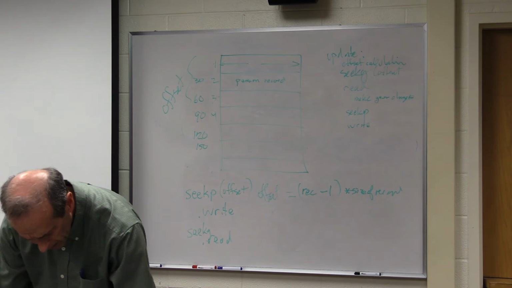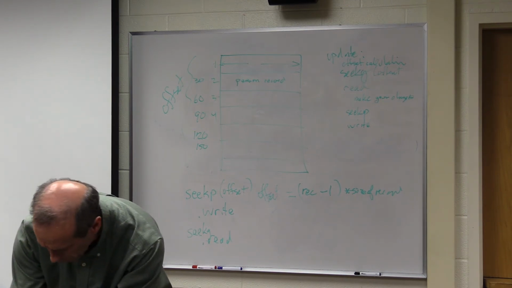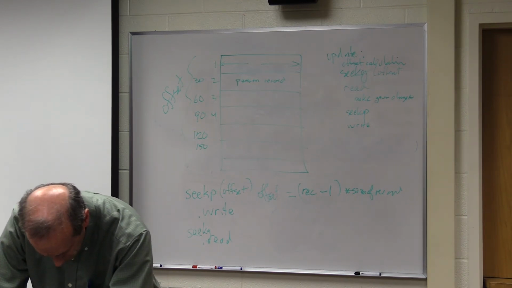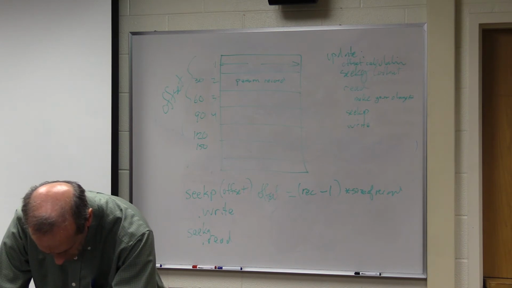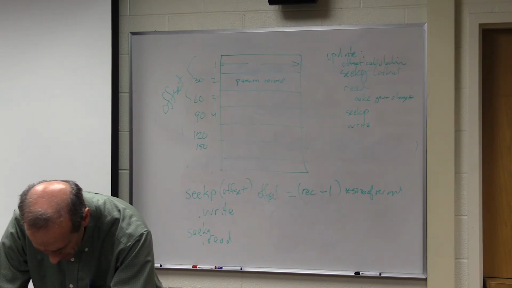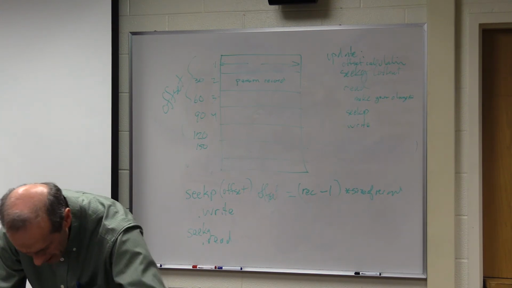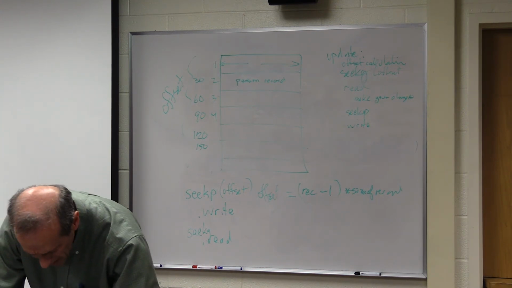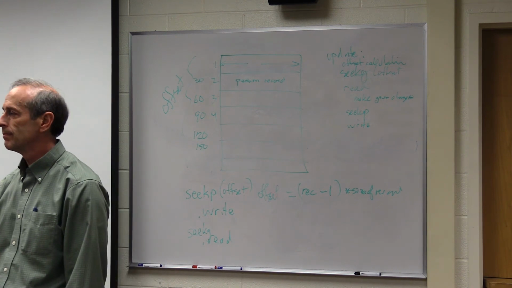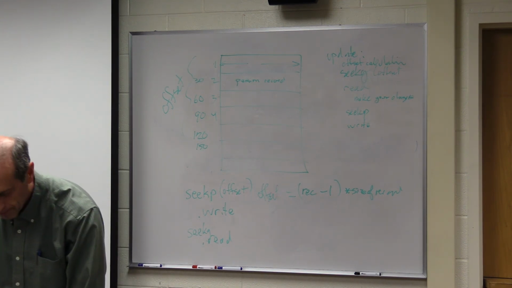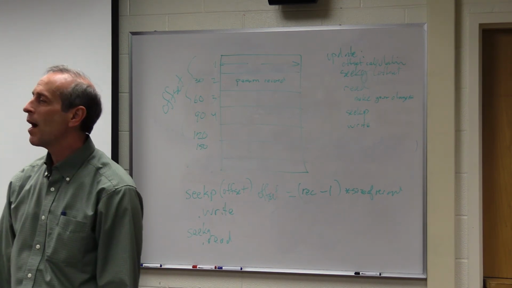I'm looking at 682, but I'm in version 8. Yeah, the beginning of the update record is a seek G, you do a read, you make the updates, and then you do a seek P, and you do a write. That's how I remember it.